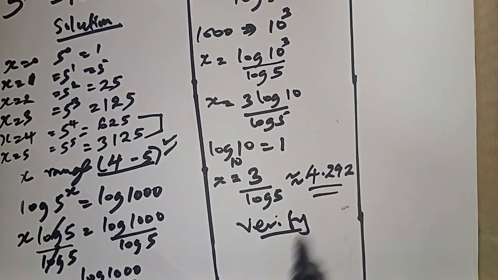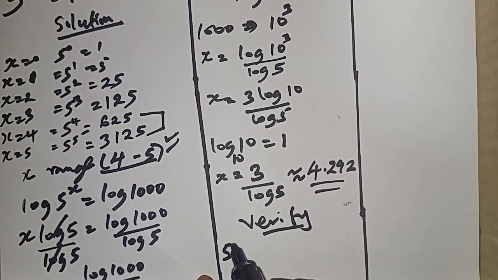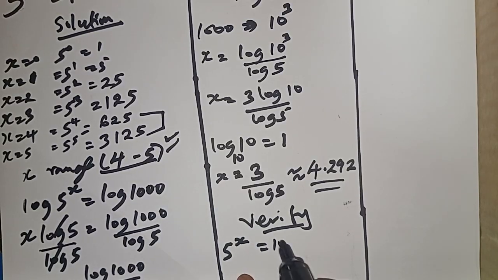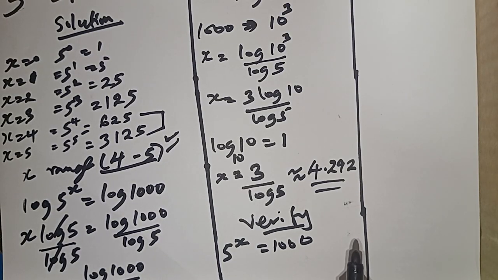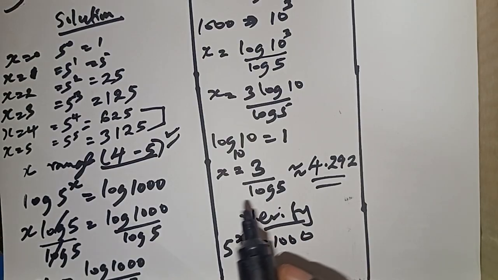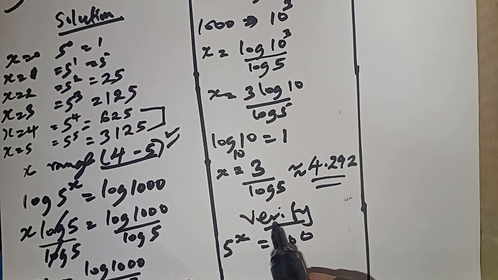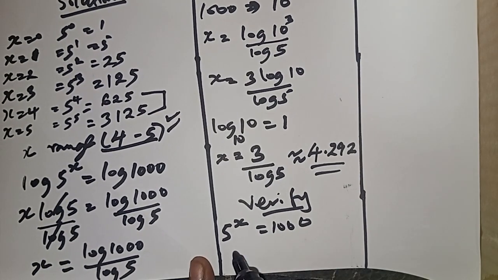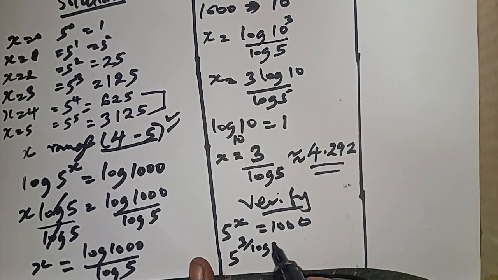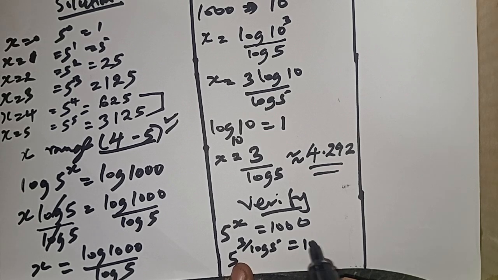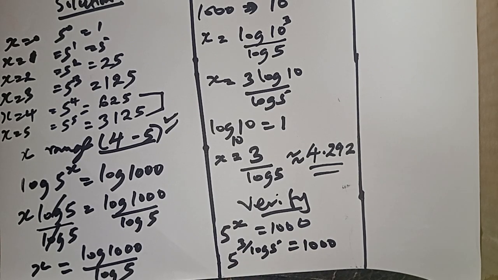So can you go ahead and verify our equation? Recall that our equation was 5 to the power x is equal to 1000. But wherever I have x, I want to replace it with 3 divided by log 5. So 5 raised to 3 divided by log 5 is equal to 1000.